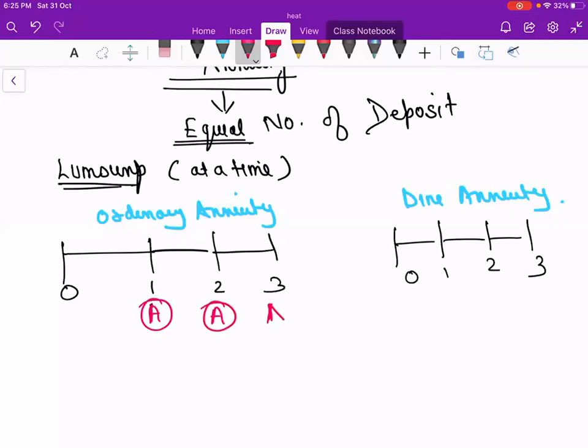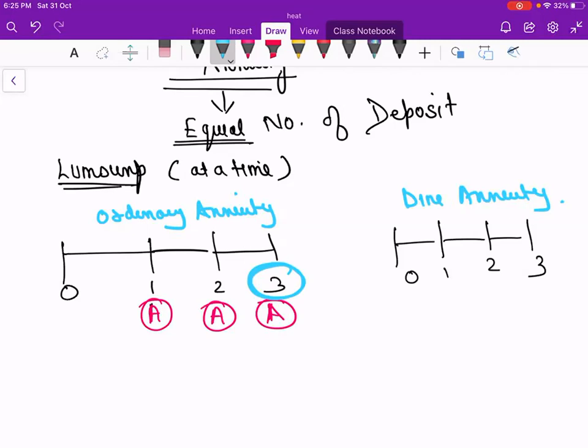We will deposit the third installment here. But we are getting our money back at the third year.